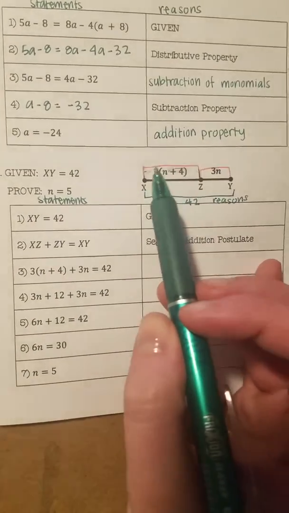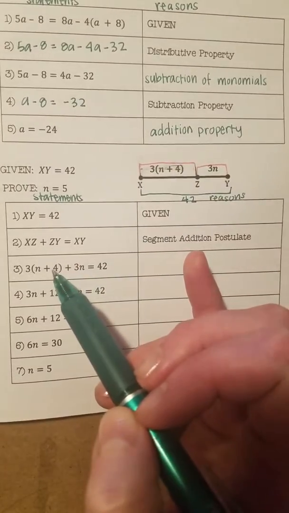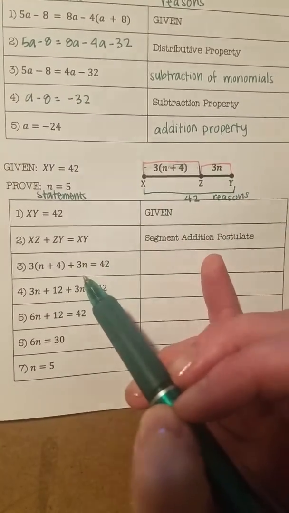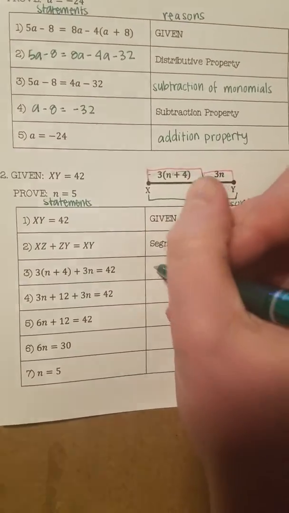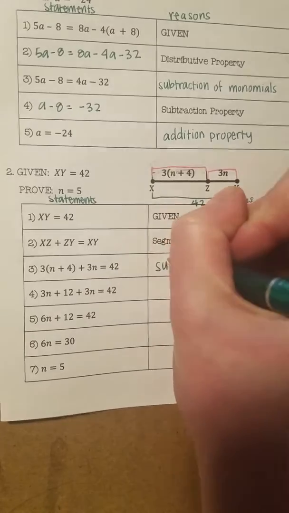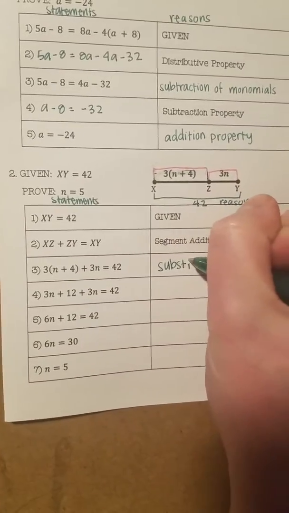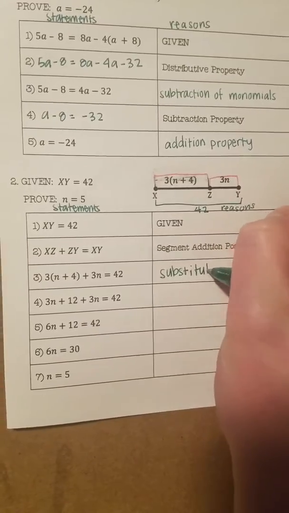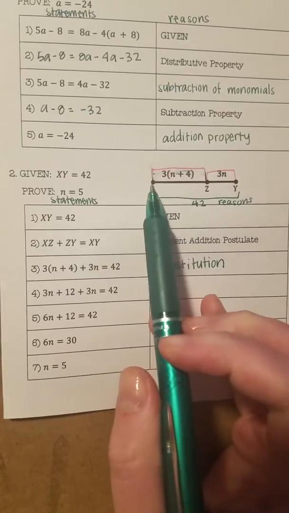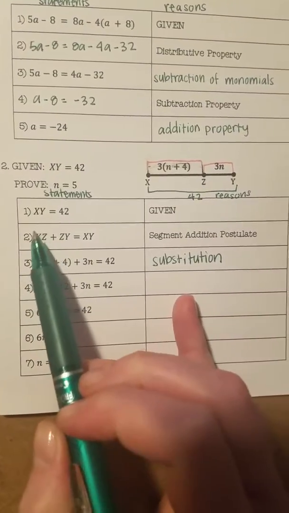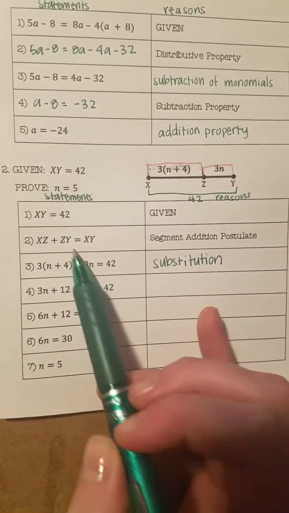Now we just throw our 3n plus 4 in here, and our 3n in here, and our 42 in here, and we say that's because of substitution. So we take our length of XZ and plug it in place of XZ, our length of ZY and plug it in place of ZY.